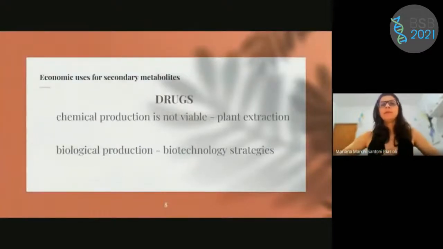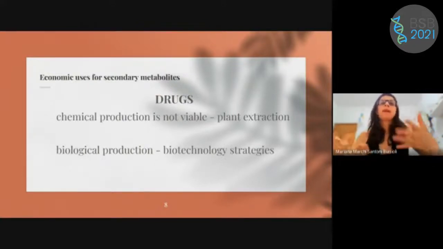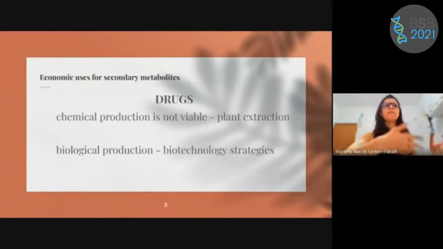Many secondary metabolites are a source of drugs. However, chemical synthesis is not economically viable, and isolation from plants still represents the only option. Another option is bioproduction. To do that, we need to apply biotechnology techniques such as transcriptome analysis to identify the genes involved in the biosynthetic pathways.